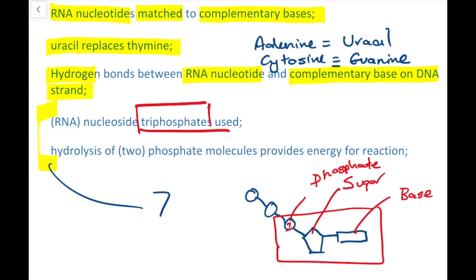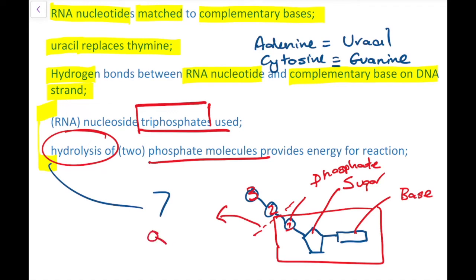So 1, 2, 3. Basically what happens is, by hydrolysis of the 2 phosphate molecules, they come off and are released.